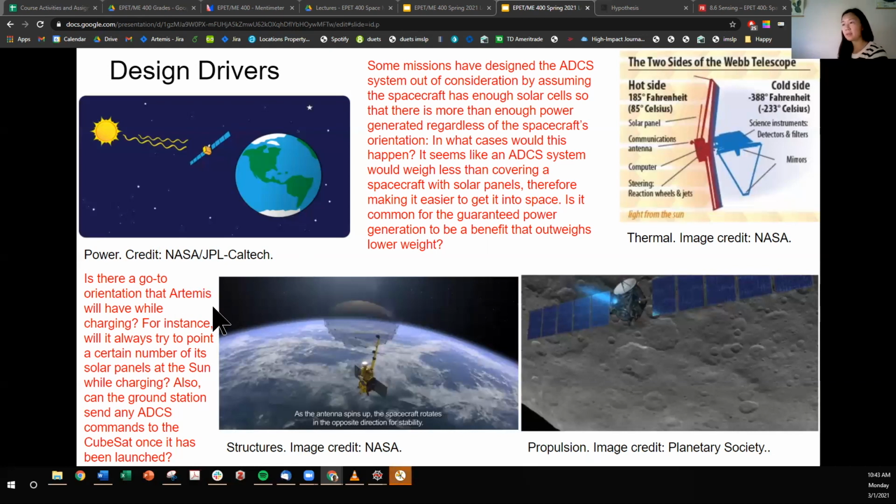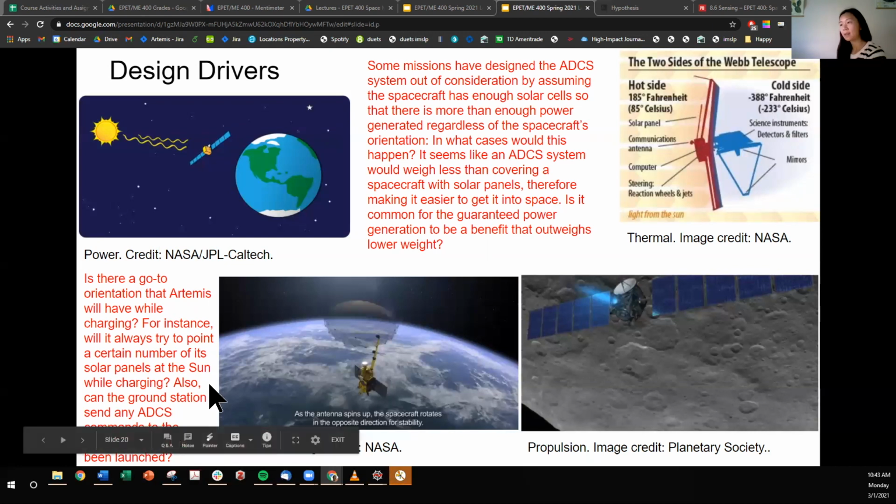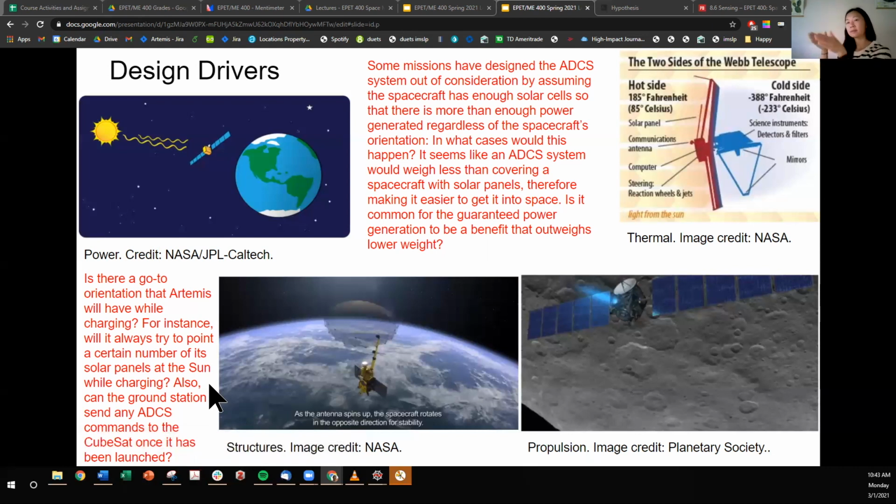Is there a go-to orientation that Artemis will have while charging? For instance, will it always try to point a certain number of its solar panels at the sun while charging? I believe that on our satellite, there are four faces of the CubeSat in a band that have solar panels.